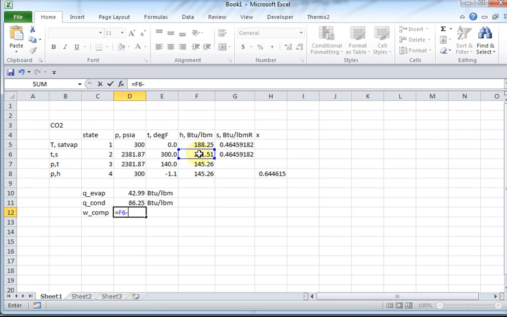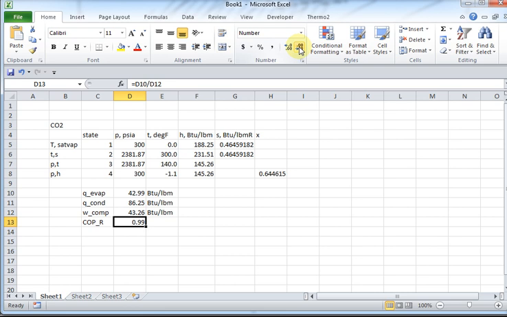H2 minus H1, and that's the same units, BTUs per pound. Now, what is the coefficient of performance for this refrigeration system? It's how much cooling we get per the work input. True? So the cooling divided by the work input. Are you impressed with that COP?